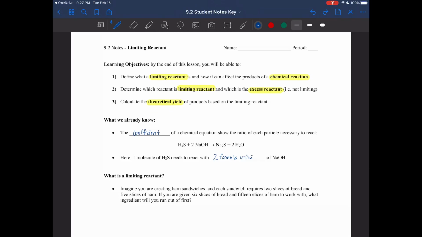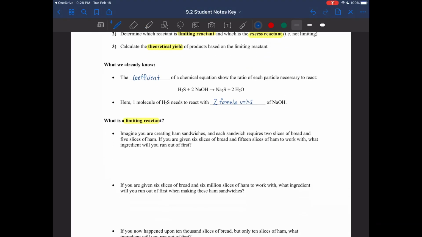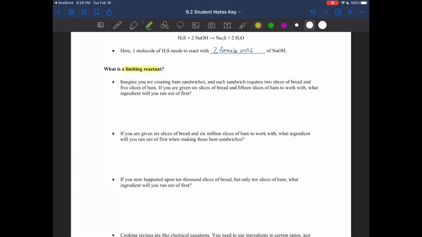So let's look at another example of what a limiting reactant could be. Imagine you were creating ham sandwiches, and each sandwich requires 2 slices of bread and 5 slices of ham. It's a very precise recipe. If you were given 6 slices of bread and 15 slices of ham to work with, what ingredient would you run out of first? Okay, so 6 divided by 2 gives us 3 sandwiches worth of bread.